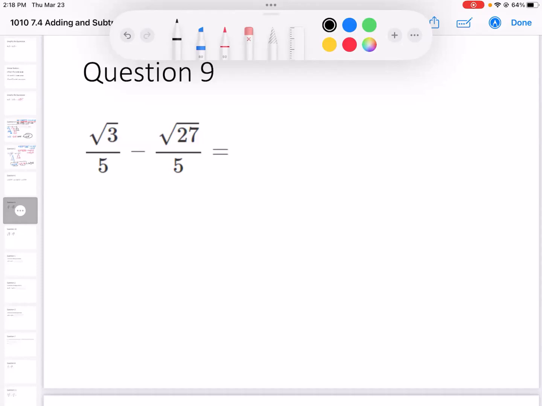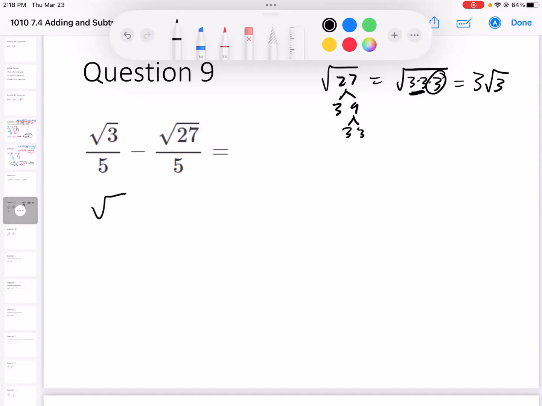So you would just simplify the roots and you'd say, well, the square root of 27 can be factored into 3 times 9, which is 3 times 3 times 3. So this would be the square root of 3 3s multiplied together. And the square root of 3 squared is just going to be 3. So this can be simplified to 3 square roots of 3, because you have one 3 left over that didn't have a pair when you square rooted it. So you could rewrite the problem as the square root of 3 fifths minus 3 square roots of 3 fifths.